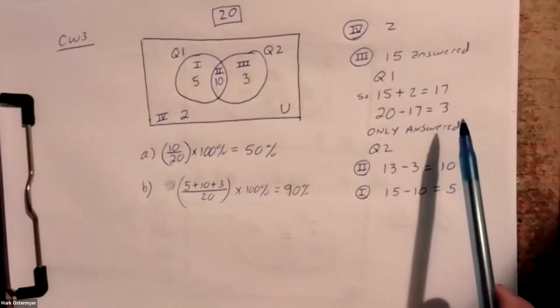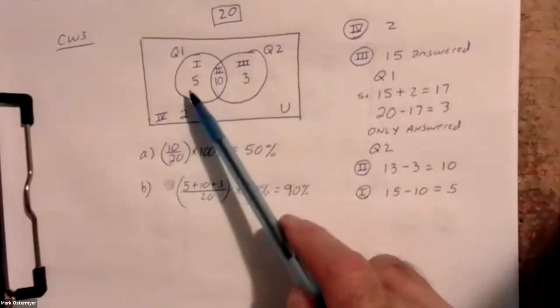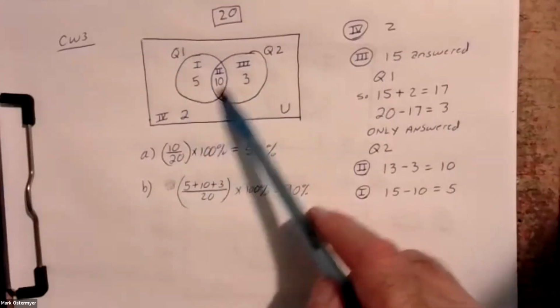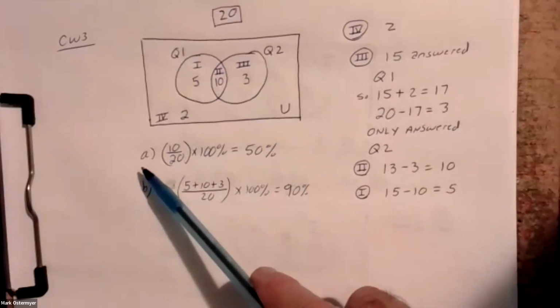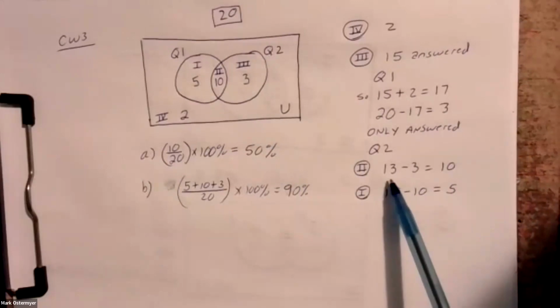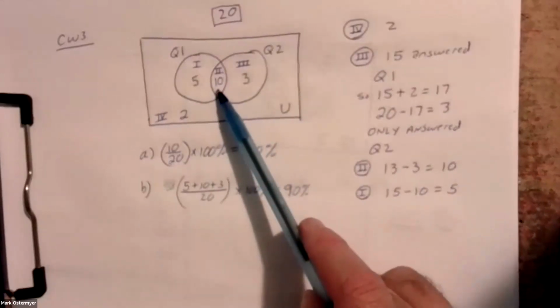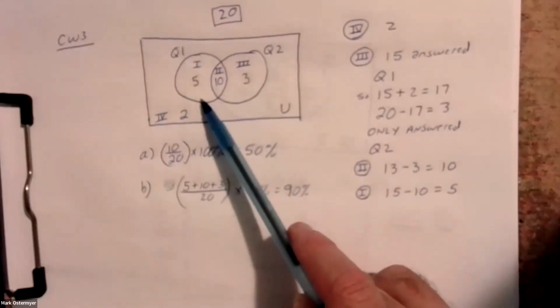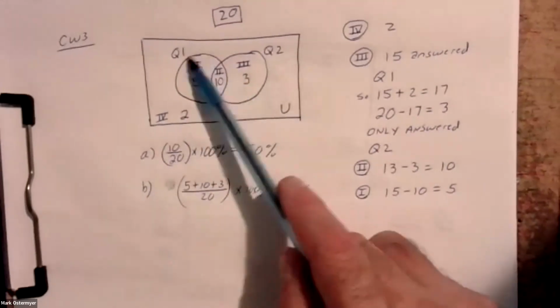But wait a minute. I know that a total of 15 students answered question 1. The next region I populated was region 2, the intersection.